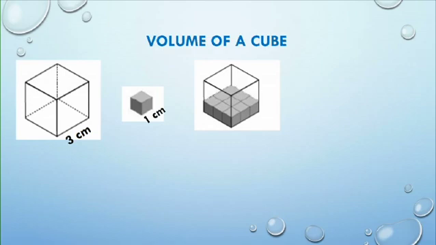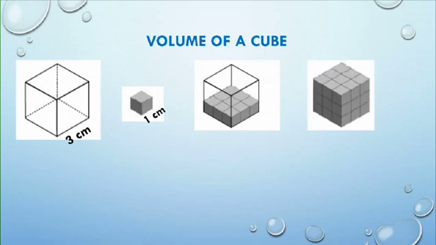First we consider along the length how many 1 centimeter cubes I will need, then along the width, and finally along the height. So you can see that I will need 3 1 centimeter cubes along the length, 3 along the width, and 3 along the height.